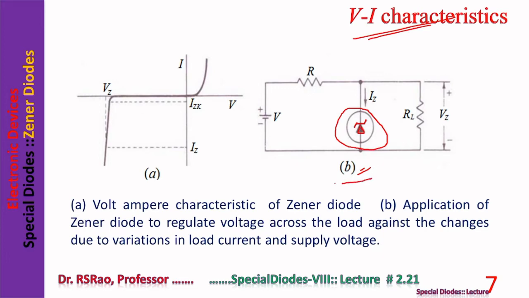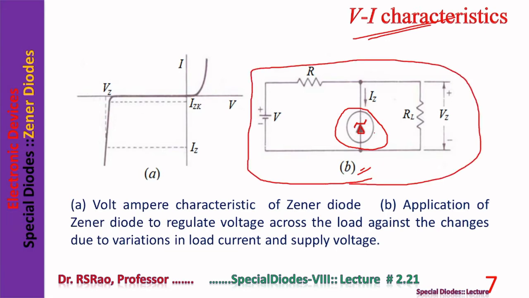In this application, the Zener diode to some extent controls voltage variations across the load. The voltage variation may be due to variation in V, the source voltage, or it may be due to change in R. In either case, the Zener diode tries to maintain Vz constant.